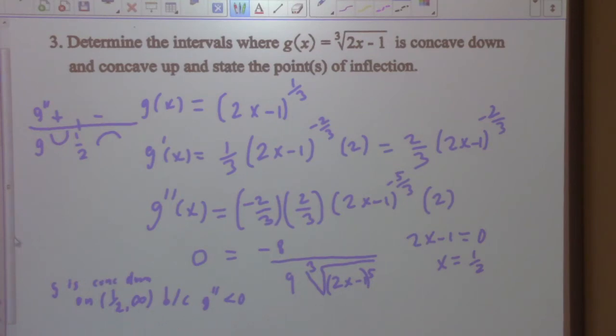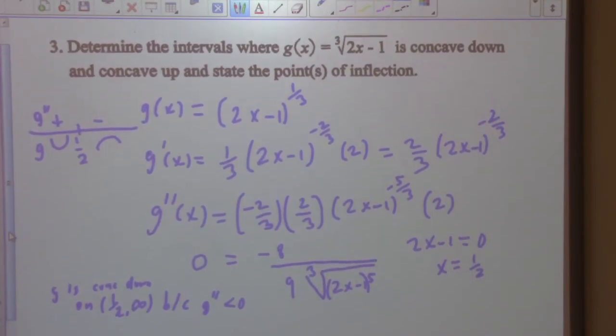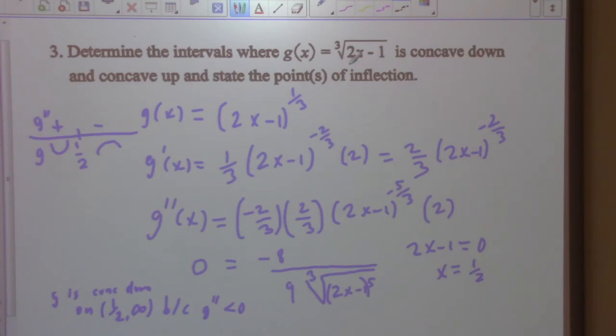What is our point of inflection? If we go ahead and find our point of inflection, at x equal to 1/2, what do we get if we plug in 1/2? 0. And that's our point of inflection. It doesn't say y, but that is our point of inflection, 1/2 comma 0.